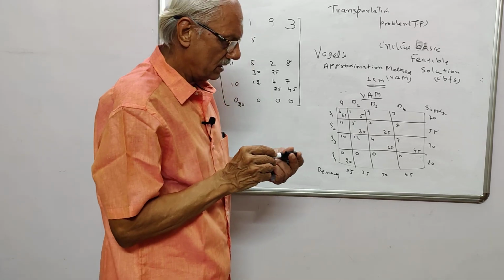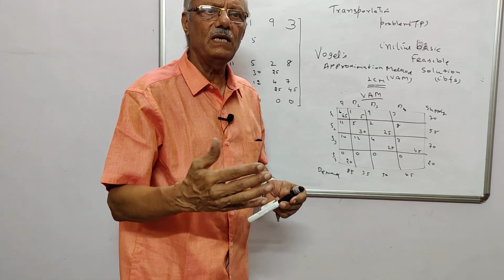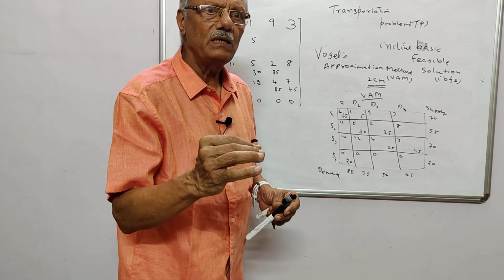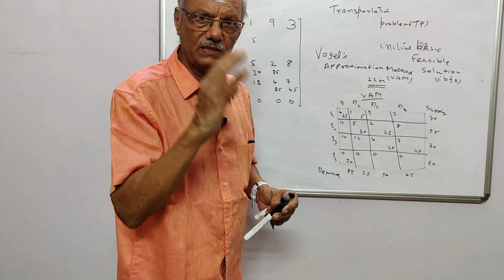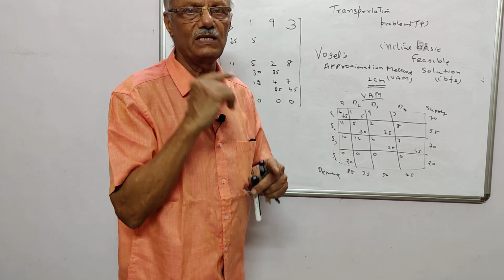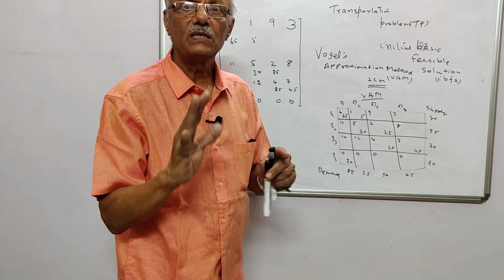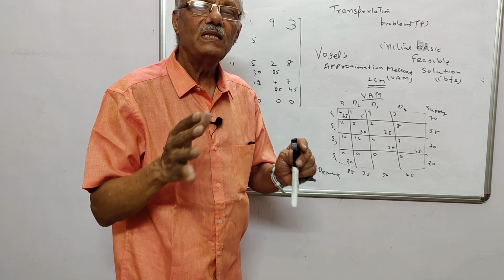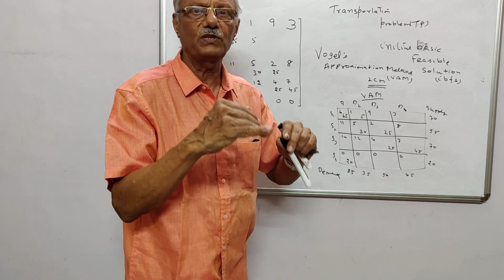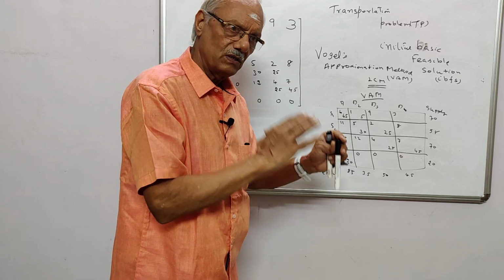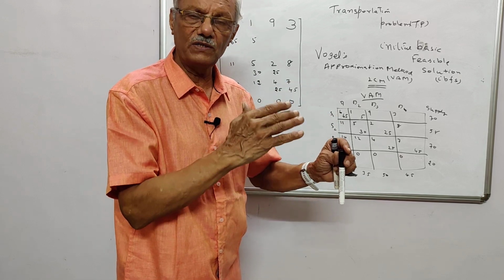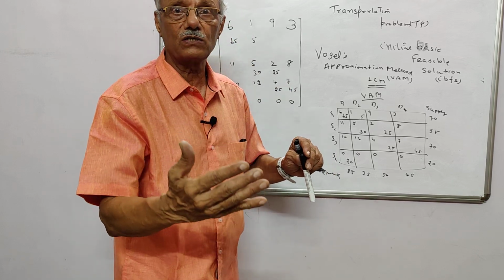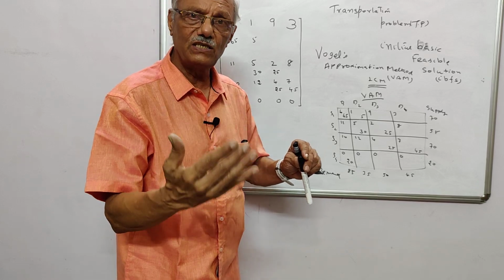I have taught the method of finding the initial basic feasible solution, by which I mean finding the allocation for which the overall cost of transportation is minimum. This is the aim of this transportation problem. You have sources, which are nothing but manufacturing units, and sales outlets, which are called the destinations.